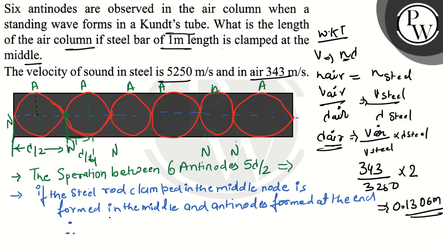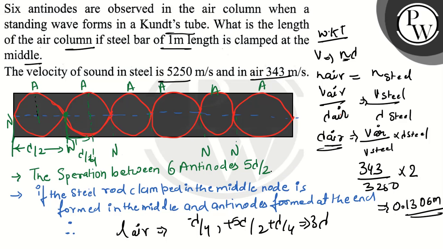In the first part of the question we found the length of air by solving this expression: L air is equal to lambda by 4 plus 5 lambda by 2 plus lambda by 4, and that is equal to 3 lambda.